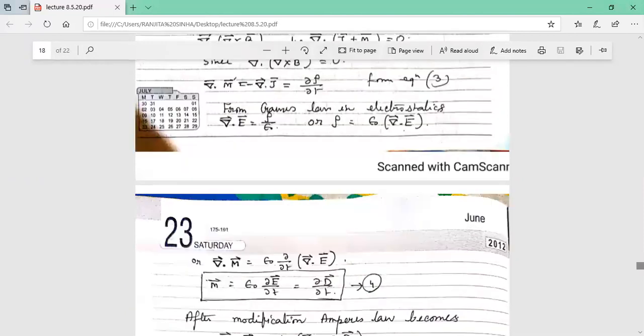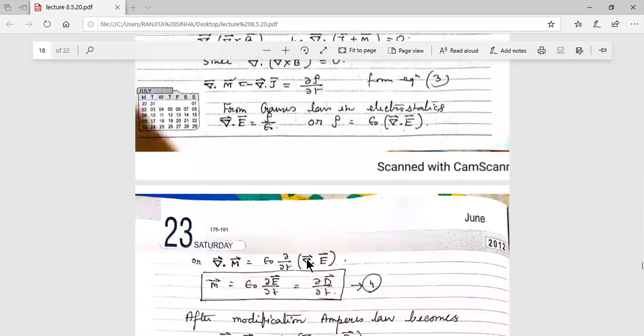Divergence of M equals del rho by del T. Now rho equals epsilon 0 into divergence of E, so putting this value of rho here, del rho by del T becomes epsilon 0 del T of divergence of E. If you put the divergence outside, you write divergence of epsilon 0 into del E by del T. That is equal to your M. So compare both sides.